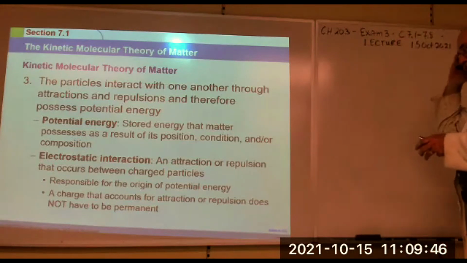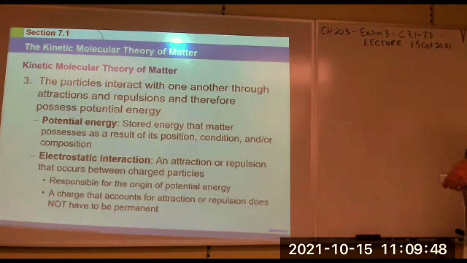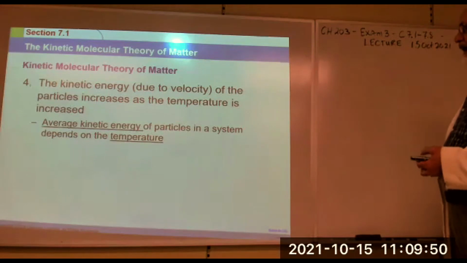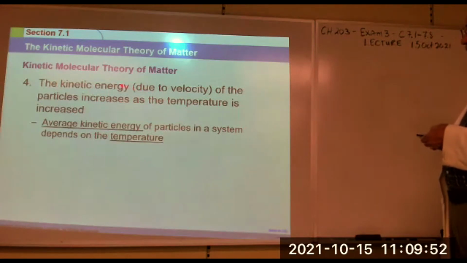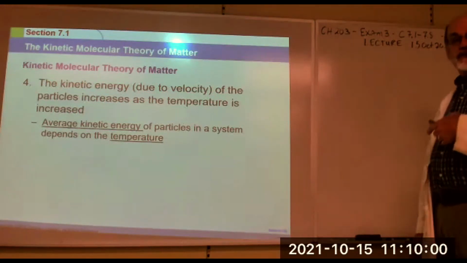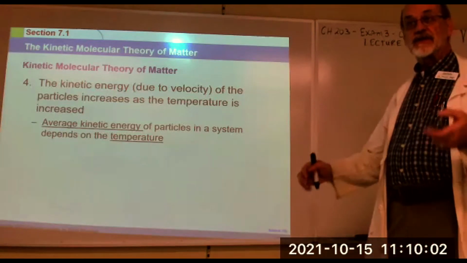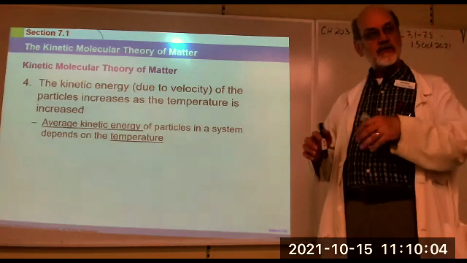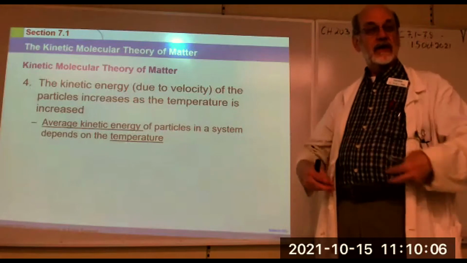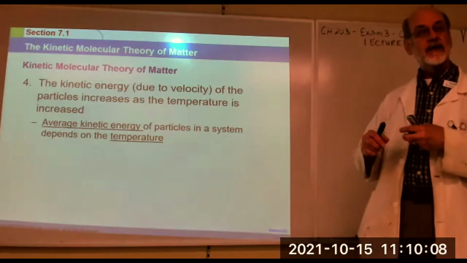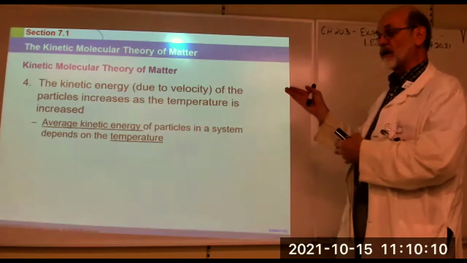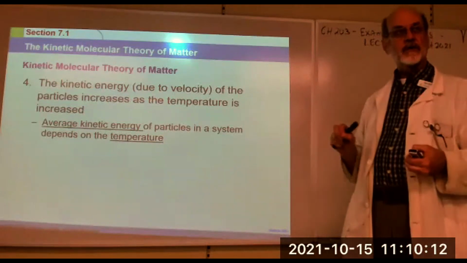Okay, so you've got those electrostatic interactions and kinetic energy. Kinetic energy, due to the velocity of the individual particles, increases as the temperature increases. That just makes sense. When you increase the temperature, you've added energy to the system, and the energy manifests itself largely in terms of kinetic energy of the individual particles.